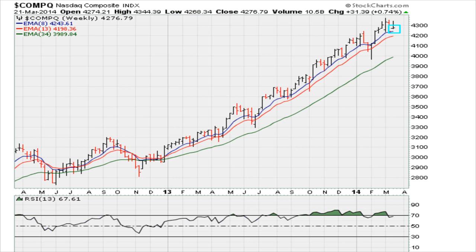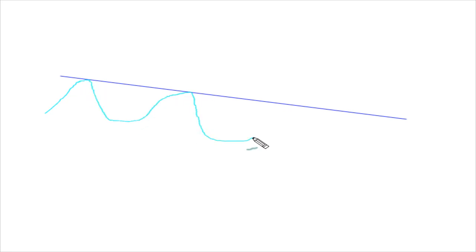Now, before I begin with the video analysis, I want to take a look at something here, and it is a concept I call uniformity. If you take a look at the RSI, and let's say there is a line connecting the highs on the RSI like that.